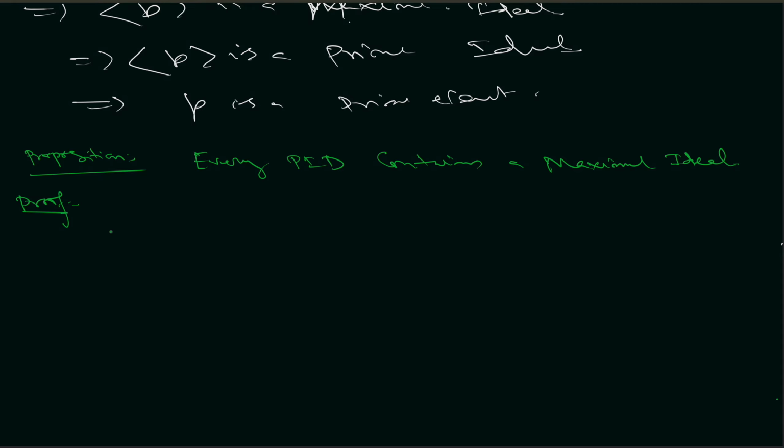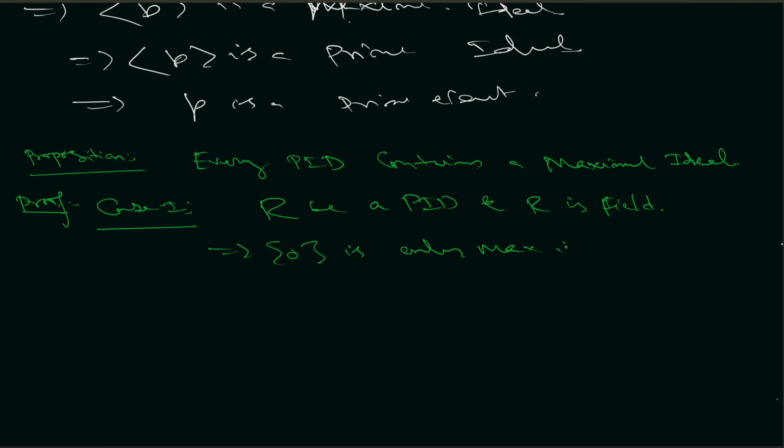Suppose case 1: R is a PID and R is a field. This implies that zero is the only maximal ideal, and zero is already contained in any of the ideals, right? So there is nothing to prove.